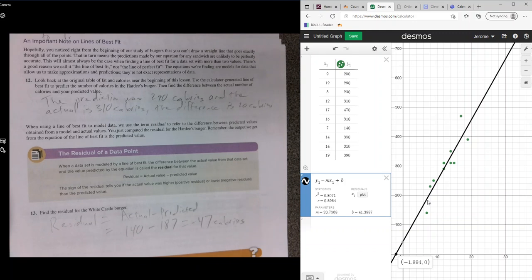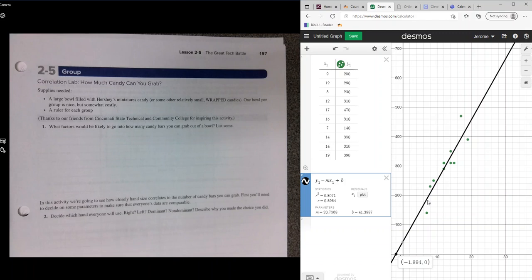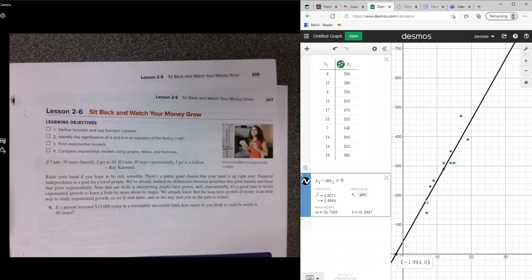You never know, we might actually make it to 2.8 today, but that might be pushing it. So let's just see here. All right, now this looks up our alley. It says sit back and watch your money grow.